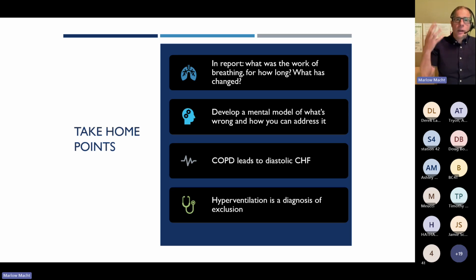In other words, okay, I think this is probably asthma. I'm going to try bronchodilators and see how they respond. I think that this is CHF. I'm going to try nitrates and CPAP and see how they respond. Remember that any patient who's had COPD for a prolonged amount of time is also going to have some component of diastolic CHF. And then finally, hyperventilation is a diagnosis of exclusion.